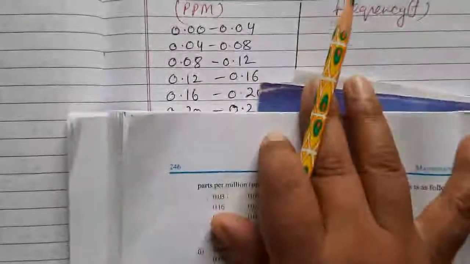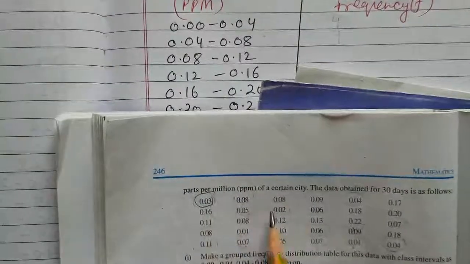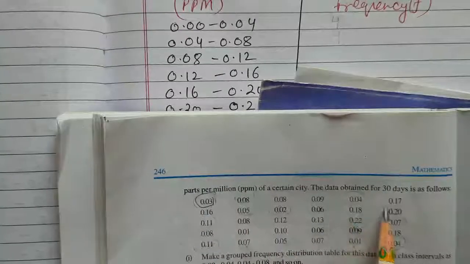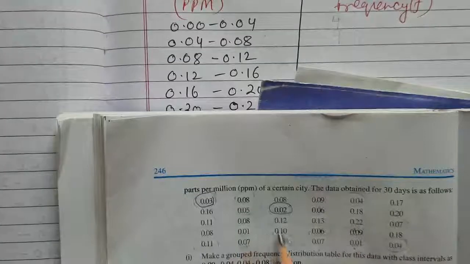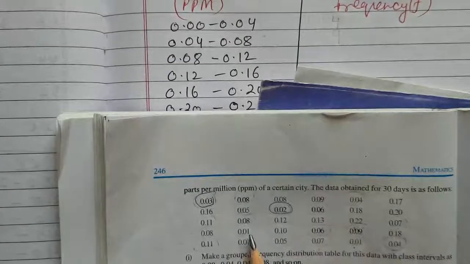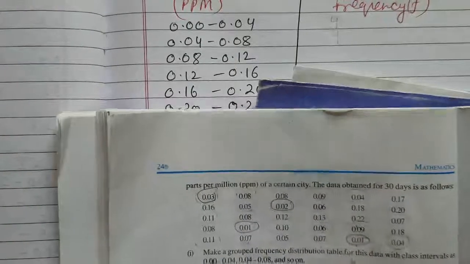For the first class interval, 0.00 to 0.04, 1, 2, 3 and 4.